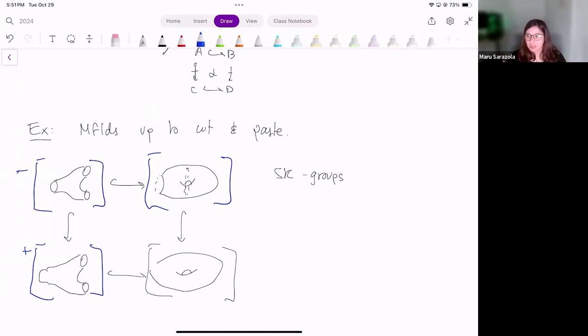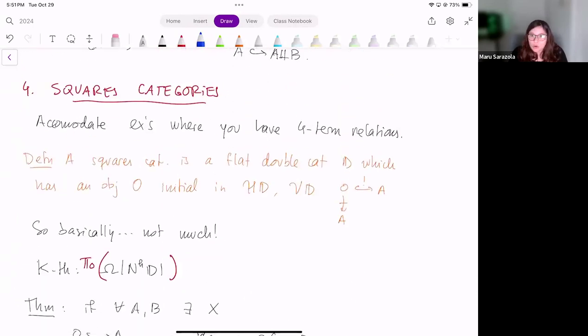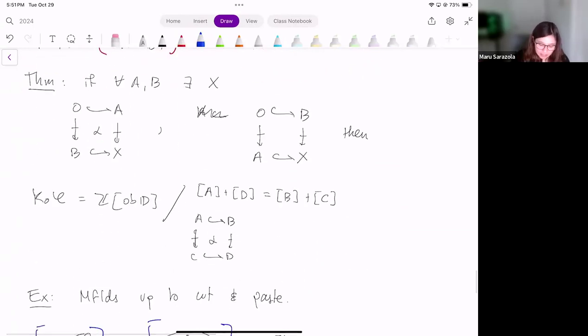So it turns out that this manifold example didn't fit into any of the previous frameworks. However, our squares categories are so unstructured that I can build a double category by putting these manifolds into it, and it satisfies this condition.